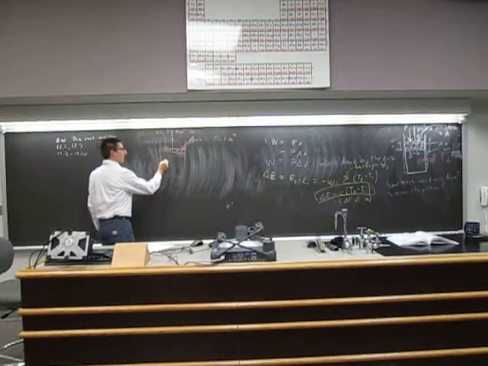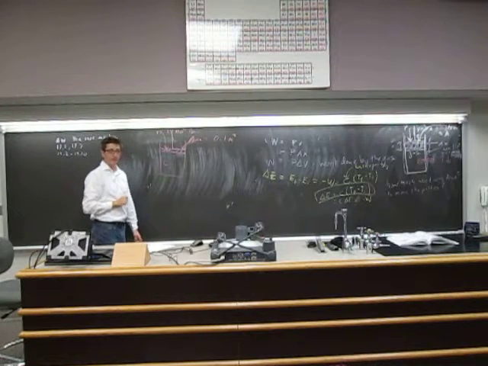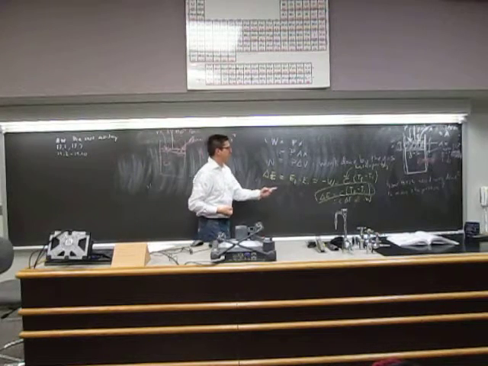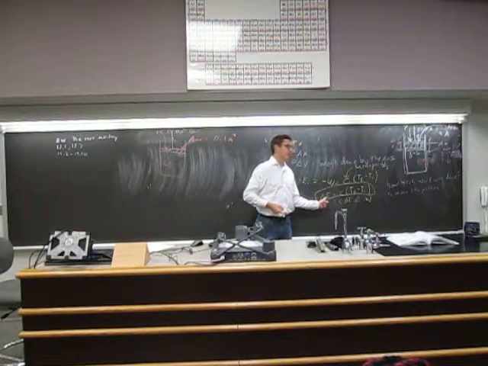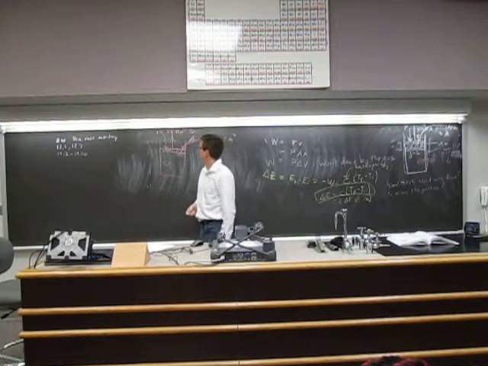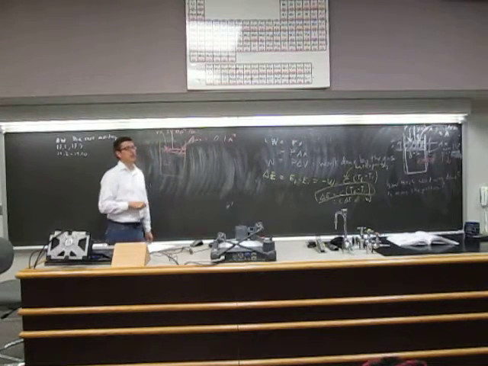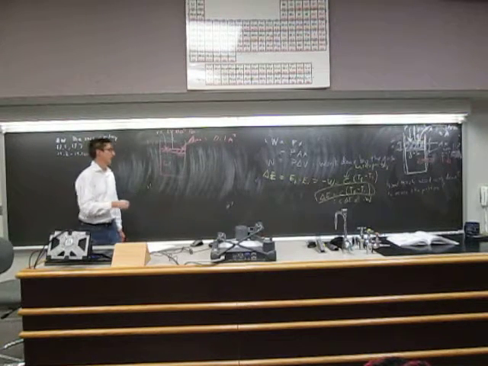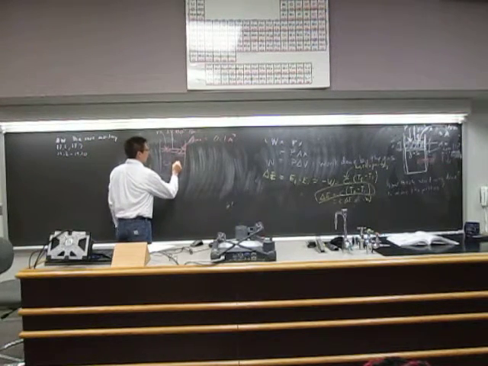Let's say the heat capacity of the gas within here. See how heat capacity is the constant between the change in energy and change in temperature. That means the units of heat capacity would be energy per degree.